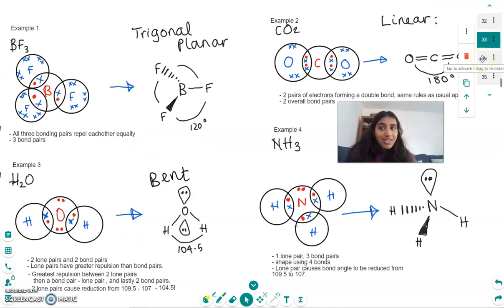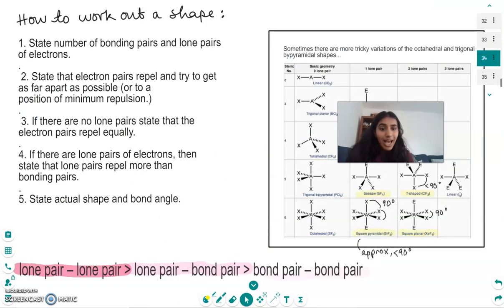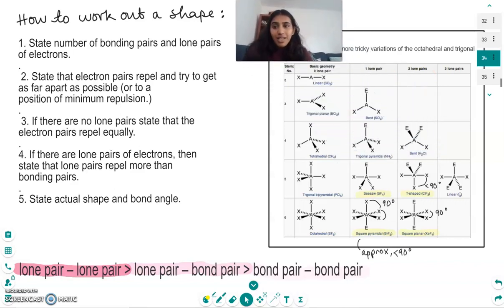Now we're going to go into our last slide, and this is a little summary of how to actually work these out. So first of all, when you work out a shape, I want you to always state the number of bonding pairs and lone pairs of electrons. So if there's 2 lone pairs and 2 bonding pairs, you're going to know there's 4 in total, going to look straight at the tetrahedral shape.